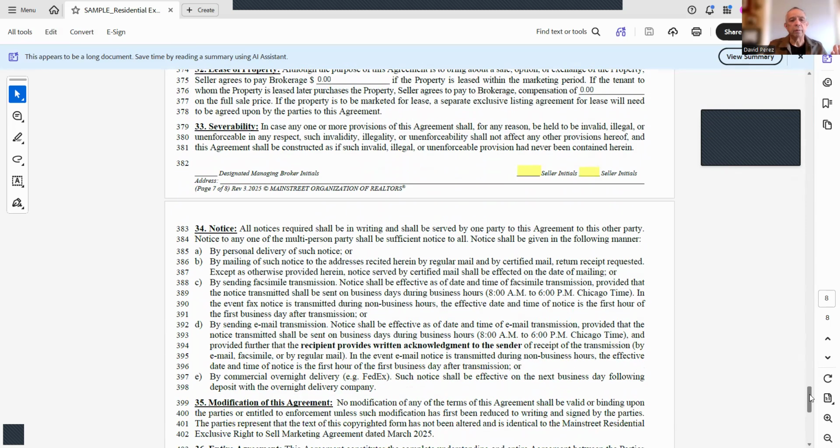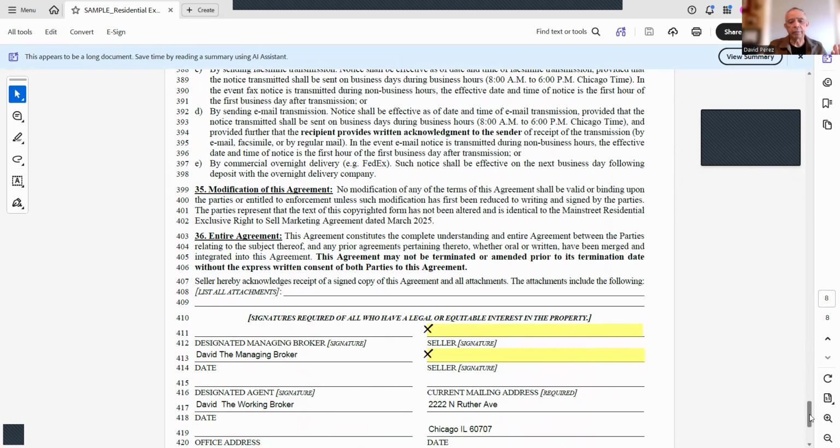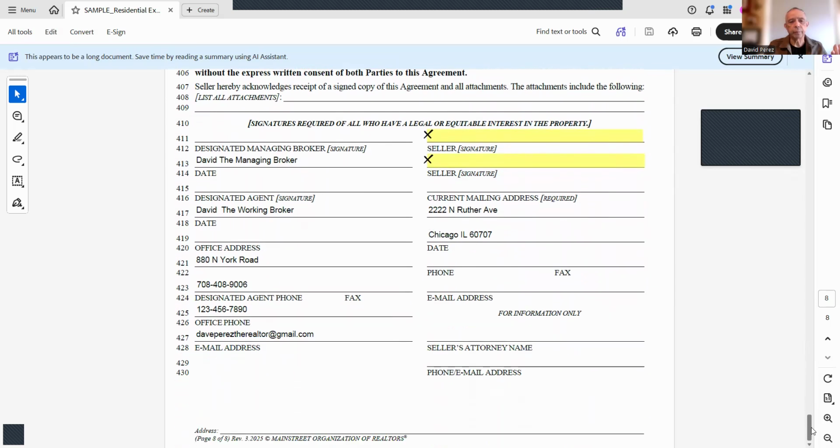We're almost there. So again, at the end of every document, we need initials, and then we're at the last page. The last page again, actually this should be up here, but it's got the designated managing broker, their signature. The designated agent would be like me, would be here.